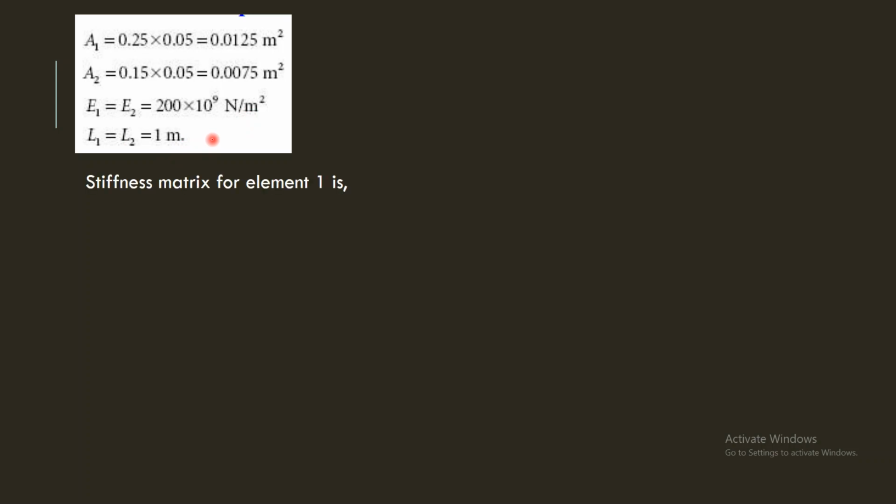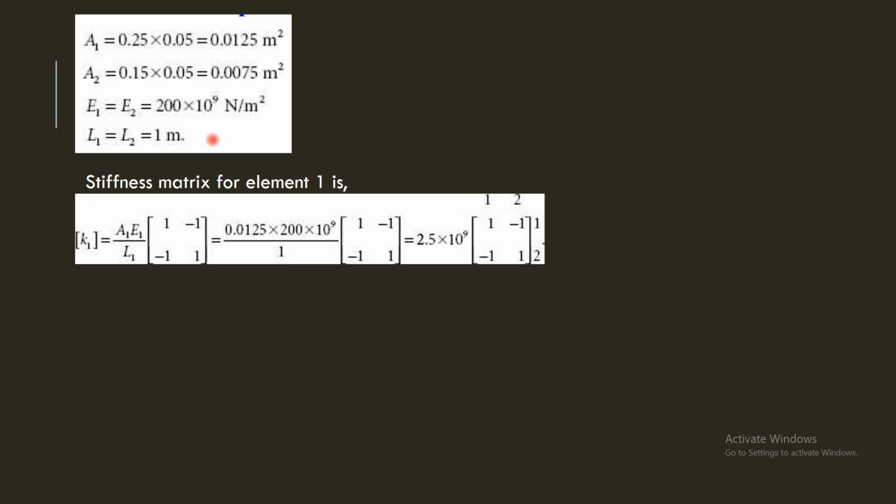Next thing is the stiffness matrix for element 1. How will you do that? Simply by using the regular equation, k1 is equal to A1 E1 divided by L1 times the matrix [1, -1; -1, 1]. Here I am going to get it by substituting all the values.